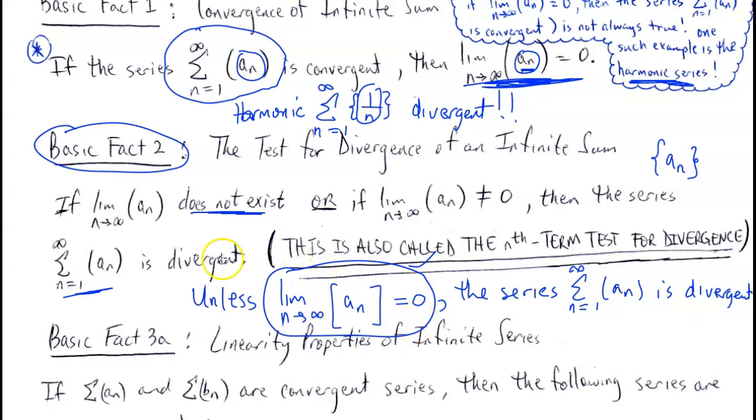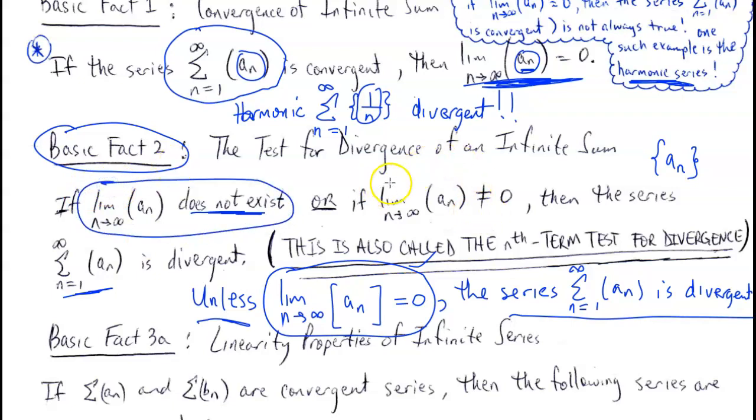Okay, and so that's what they mean by unless the limit of the sequence as n approaches infinity equals 0, then the series is divergent. And when we unpack this "unless" part, that means that either your limit is not equal to a real number or it is equal to a real number that is not 0. Okay, and so that is what that basic fact is talking about.